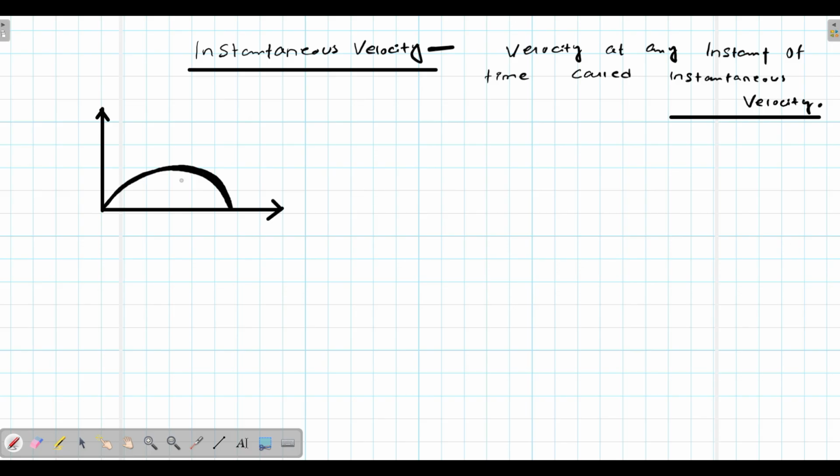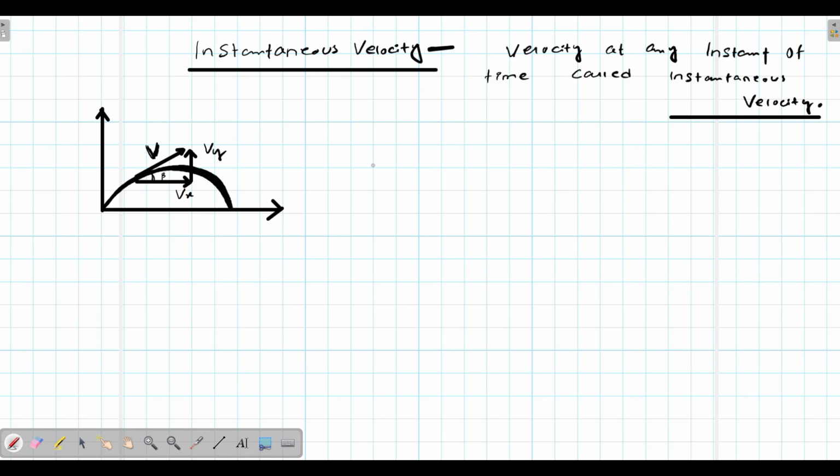At this instant, this horizontal velocity is vx, this vertical velocity is vy, and this is the resultant velocity. So this is the beta angle.